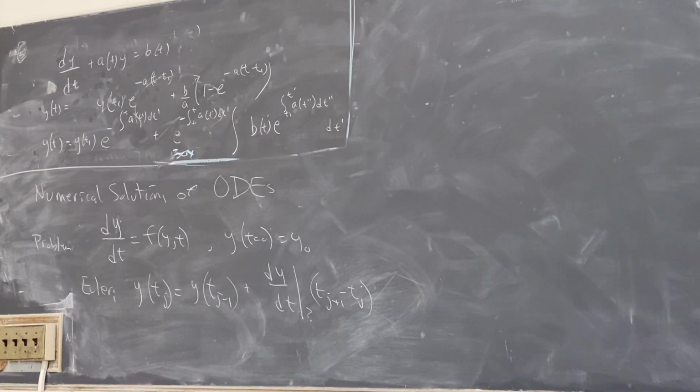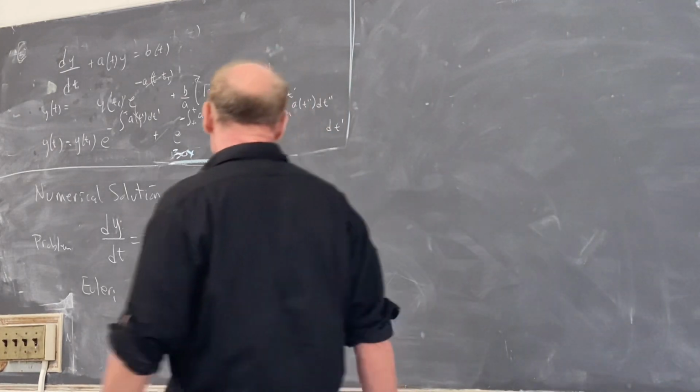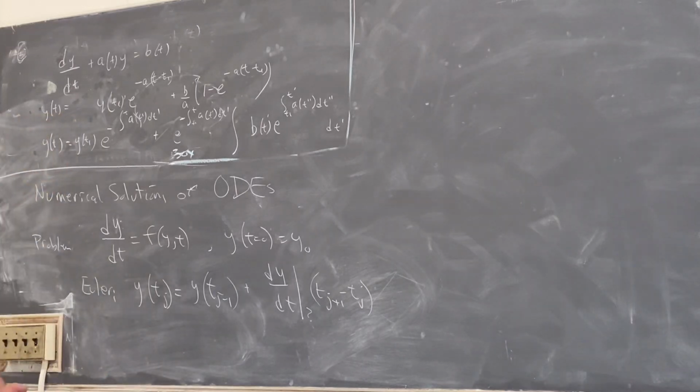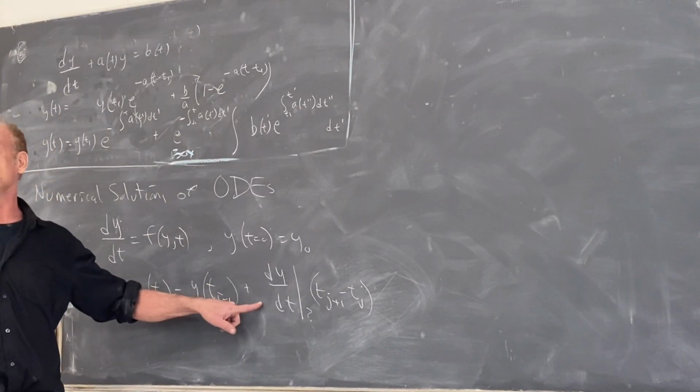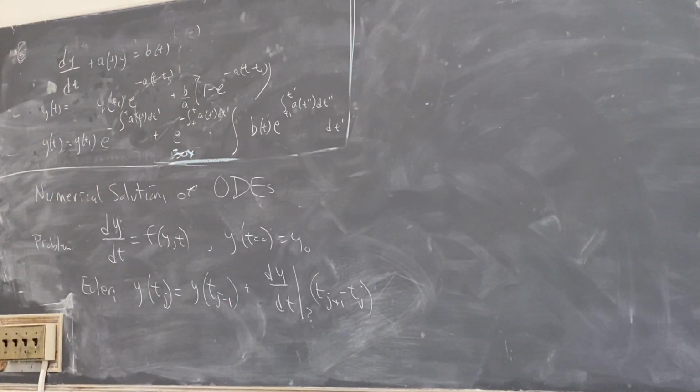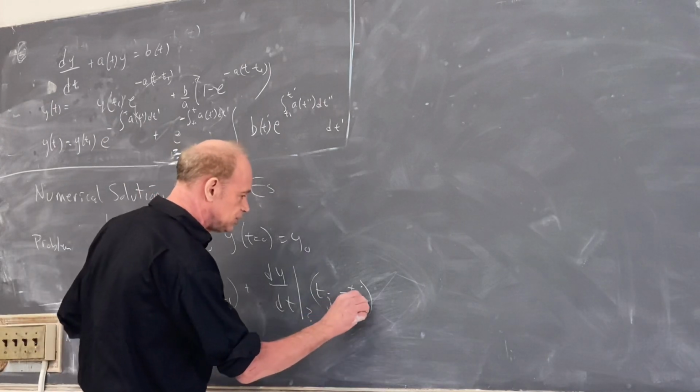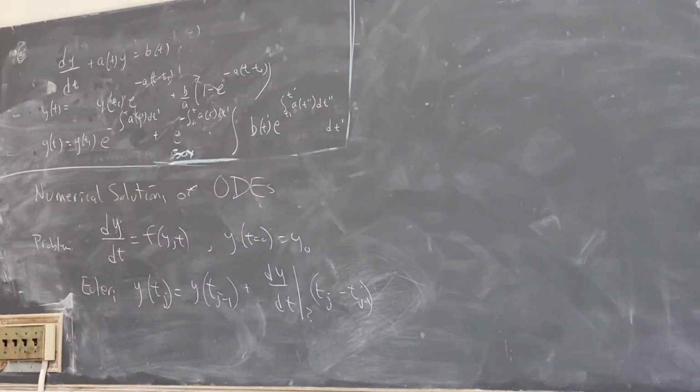Is that clear, the relationship there? The question is, when I do a numerical calculation, where should I evaluate dy/dt? Because there's a finite difference between tj minus 1 and tj, this should be j minus 1.